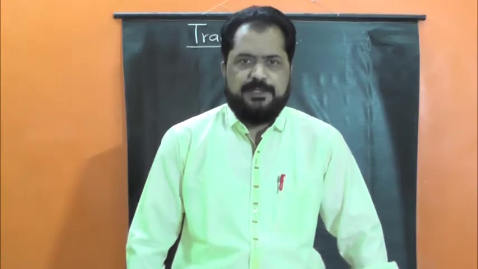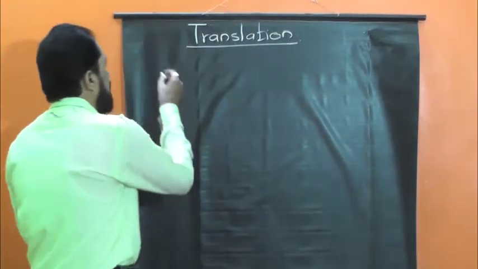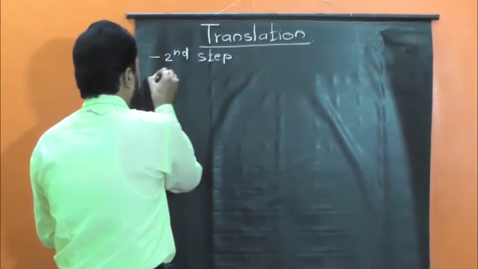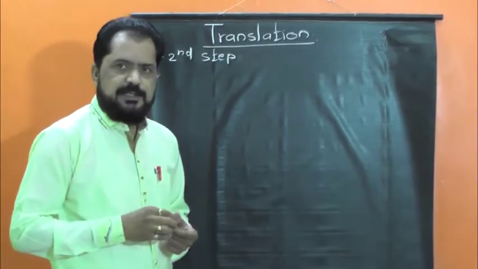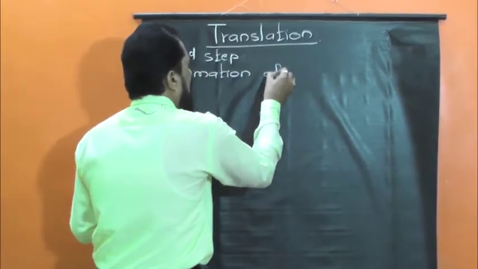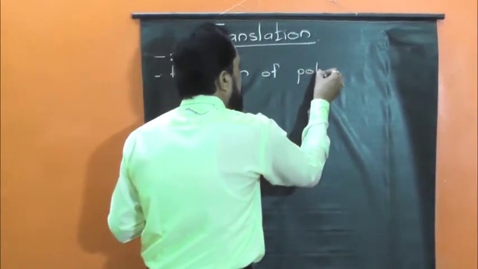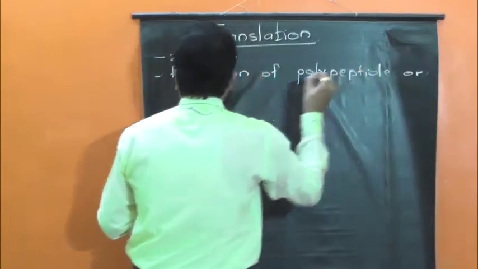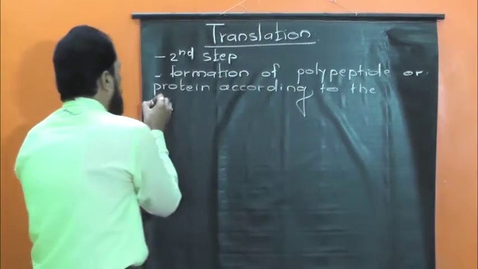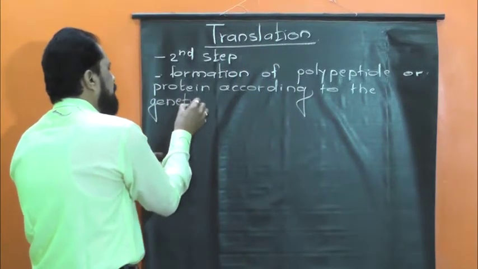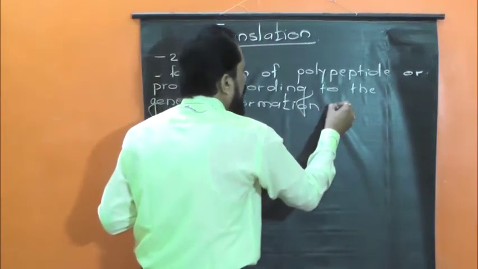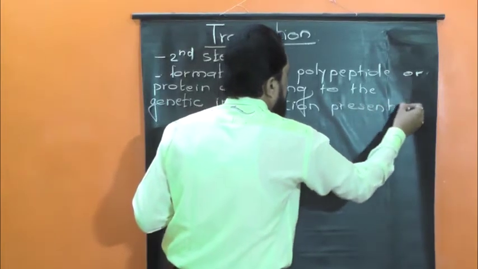Therefore, we can define translation as: it is the second step in the process of protein synthesis, and it is the process of formation of polypeptide or protein according to the genetic information present on mRNA in the form of codons.